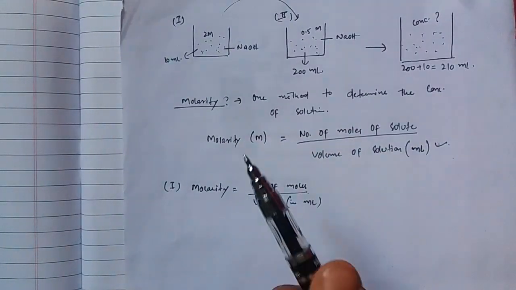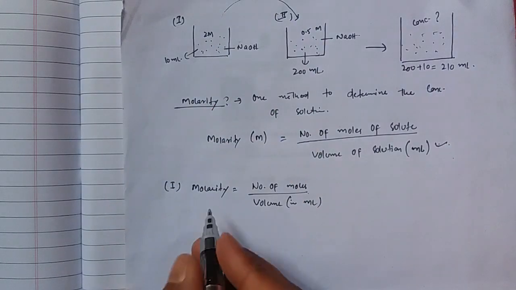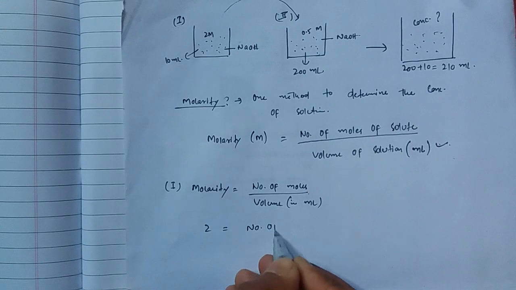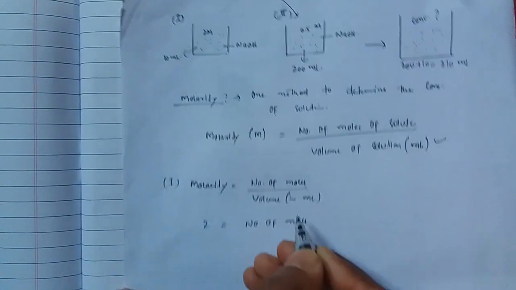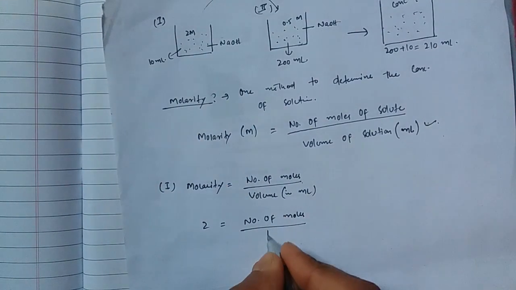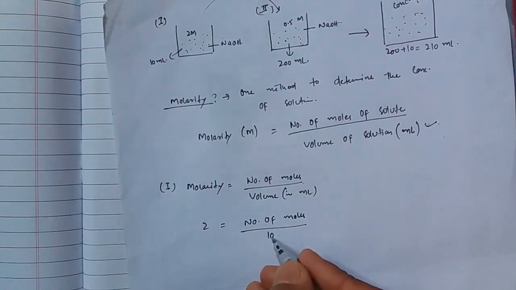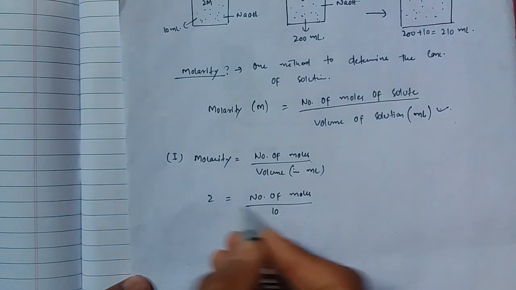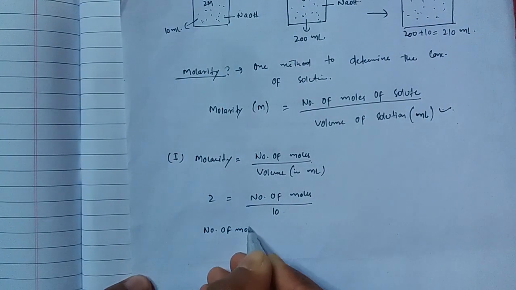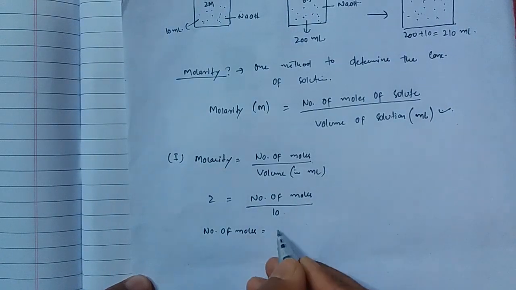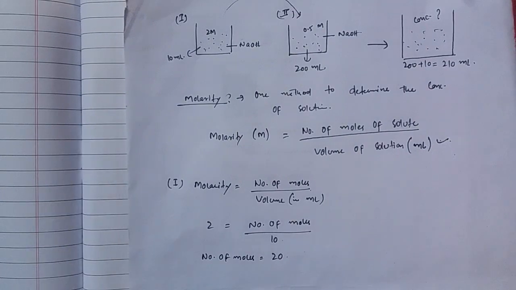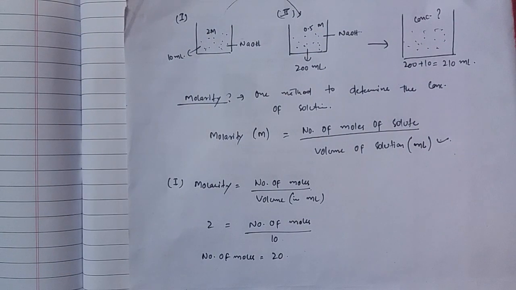See, in the first solution, molarity is given, that is 2, number of moles we have to find, number of moles divided by volume. We also know the volume, that is 10 ml, that is 10. So when we cross multiply this, we will get number of moles equal to 10 into 2 is 20. So in the first solution we are having 20 moles of this sodium hydroxide.